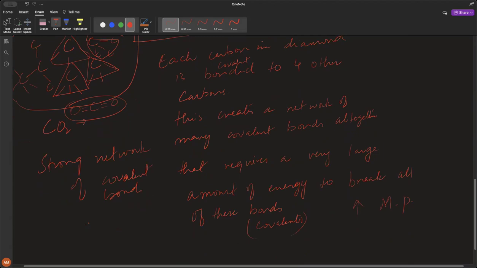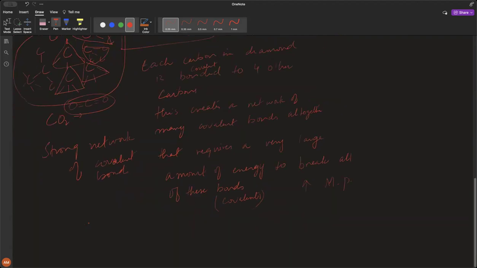So this explains why it is so hard. This explains why it has a very high melting point. This explains why it is a solid. All right. Everybody has written this.